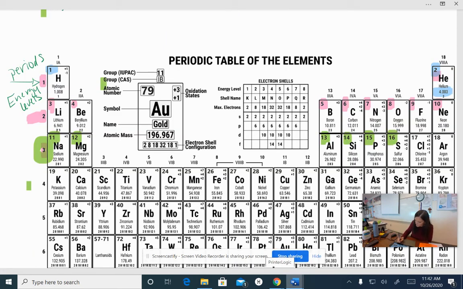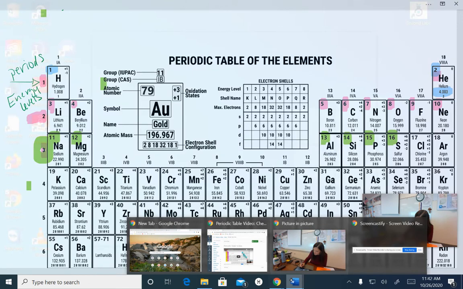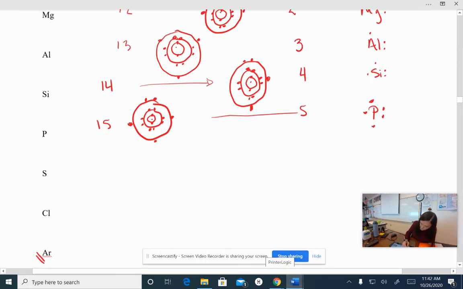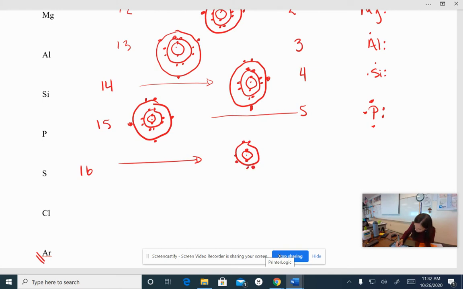Okay, sulfur, 16. So let's take a look. 16, I'm going to put it over here. We've got 2, and then 8. And then we're going to have 1, 2, 3, 4, 5, 6 to get our 16.